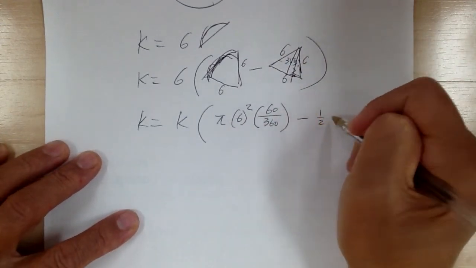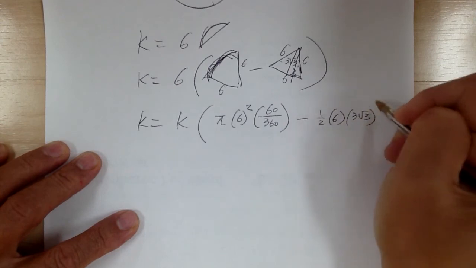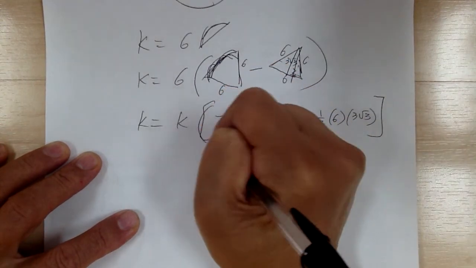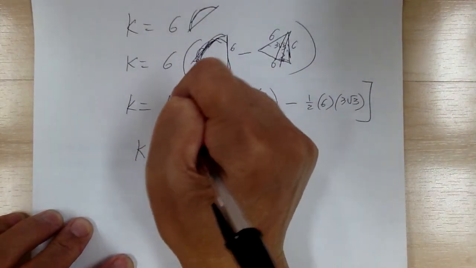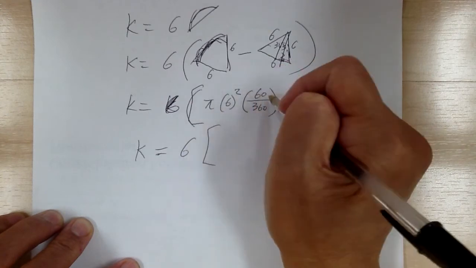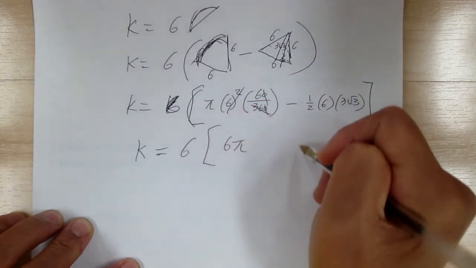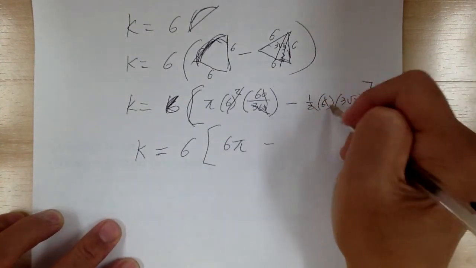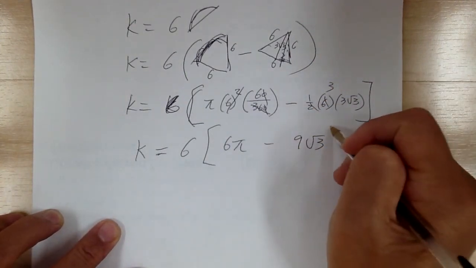So it'd be 1/2 base times height. So the area equals 6 times this. So this cancels out, and this cancels with that, so it'd be 6 pi, and this would cancel out, so it'd be 9 square root of 3.